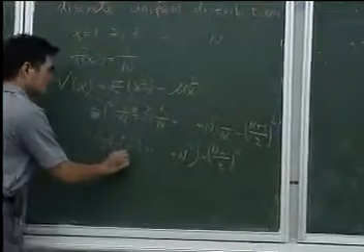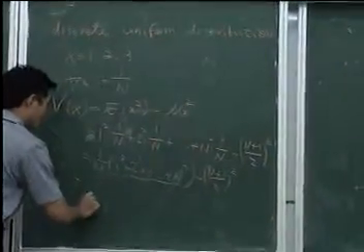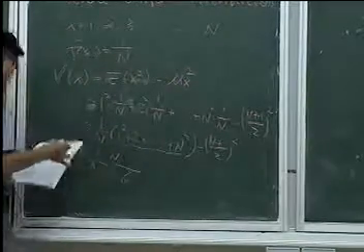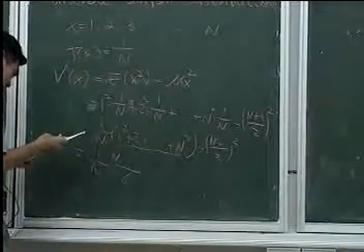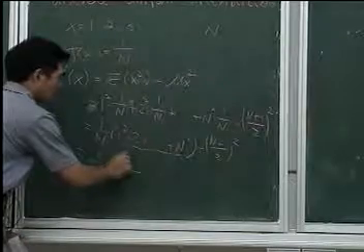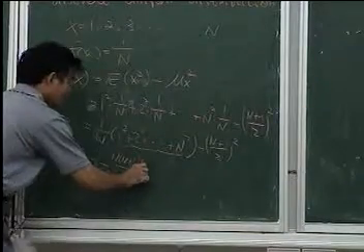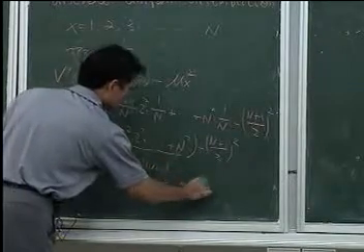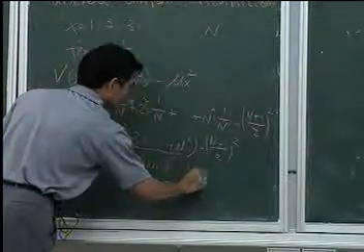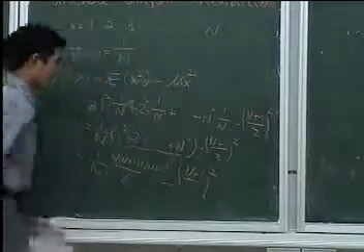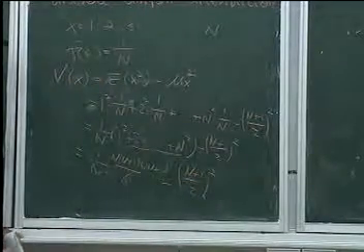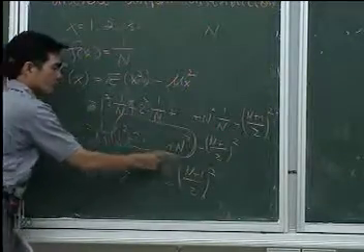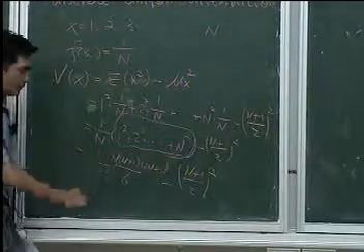So what is this? This is 1 over n times n times n plus 1 and 2n plus 1 over 6, minus... In this case, you need to know this formula. You have to try to figure out this formula.